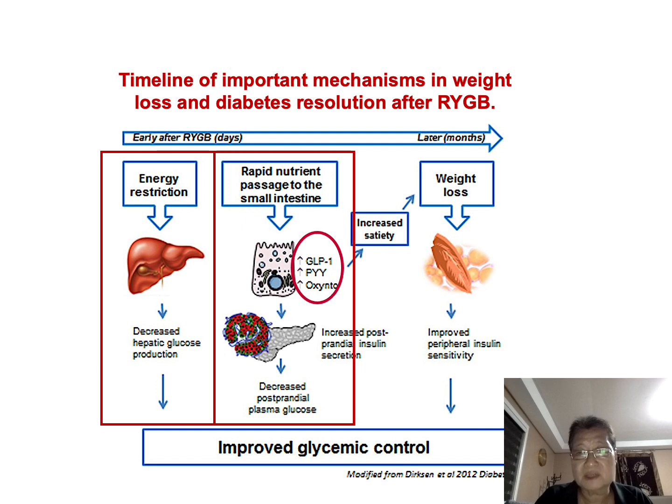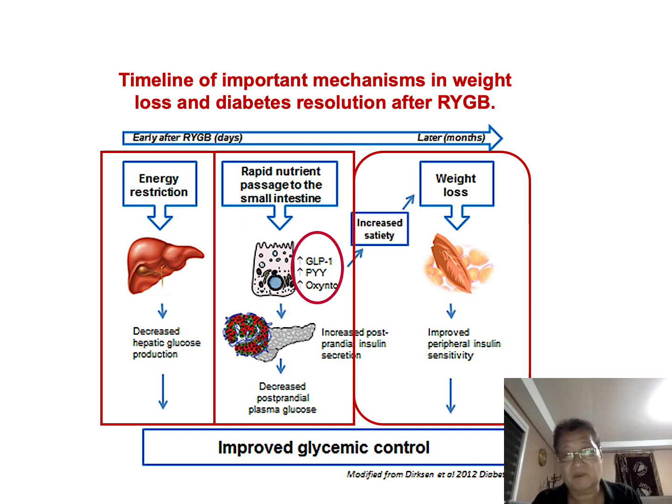And this leads to increase in postprandial insulin secretion as well as decrease in postprandial glucose. And later, maybe weeks or months, this also leads to increase in satiety because you all know that not only GLP-1 but also PYY is an anorexigenic peptide. It lowers appetite, and thereby patients lose weight.